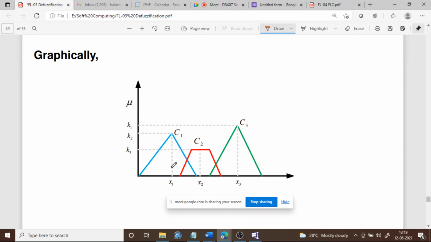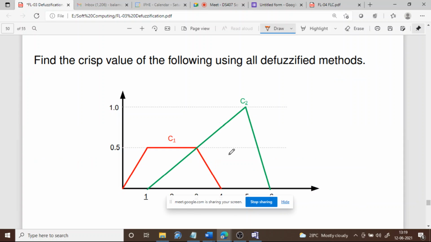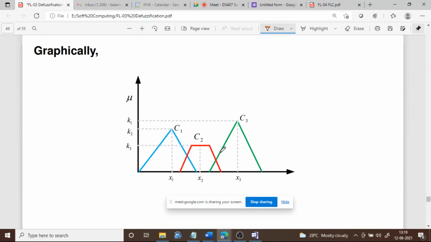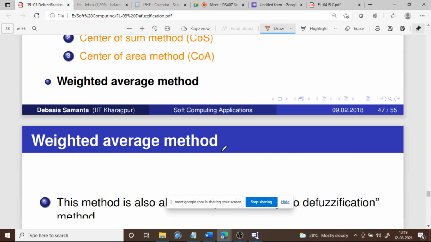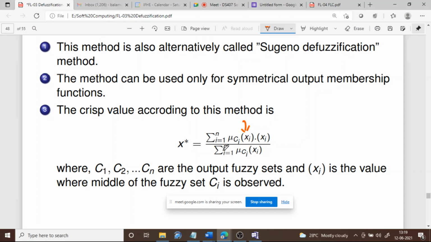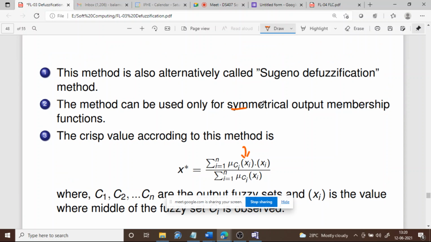Then we take the center value, the middle value of each, and we apply this formula: the middle value into the membership value, divided by the sum of all the membership values. That's it.